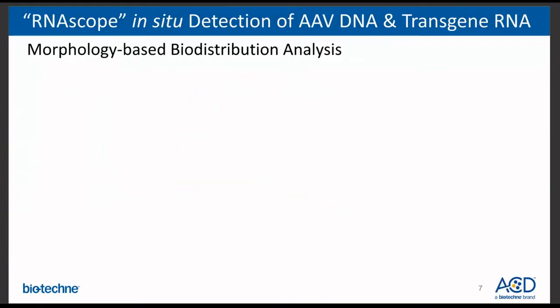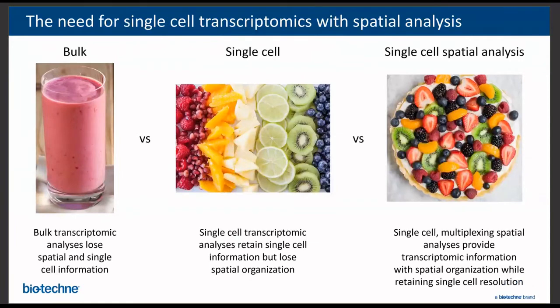So with that being said, this is our way of combining the best of both worlds, where we can see single cell spatial analyses by RNAscope ISH assays. This is where our spatial analysis comes into play: single cell multiplexing spatial analyses that detect RNA can provide both transcriptomic information with spatial organization while retaining single cell resolution as well.